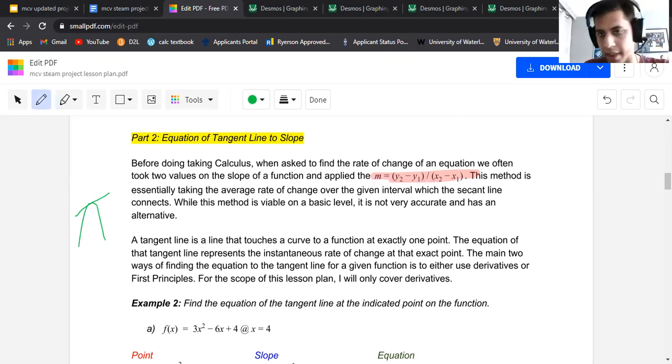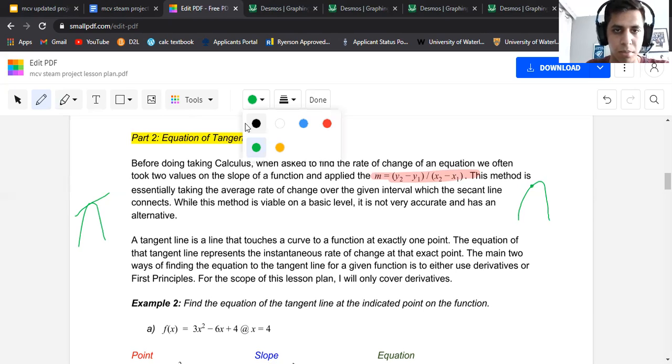What I mean by this is, as we remember from grades 9 to 11, when we want the rate of change at that point, we would do a couple of things. So let me switch colors to black.